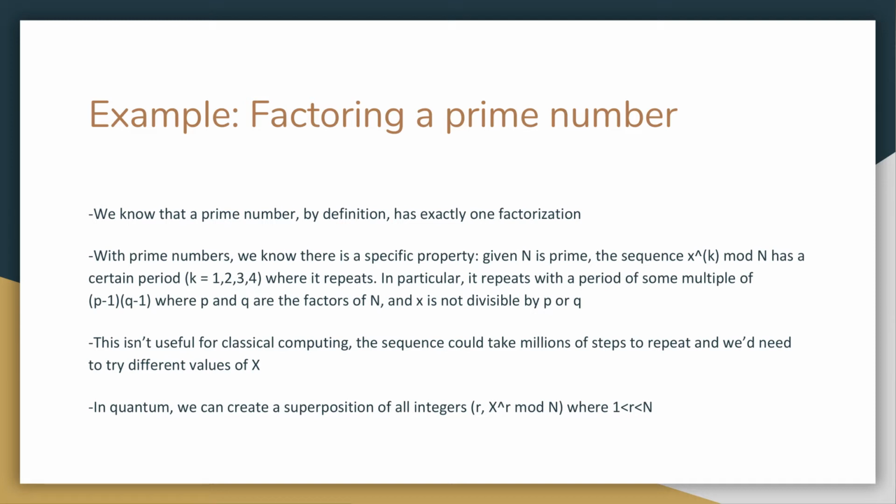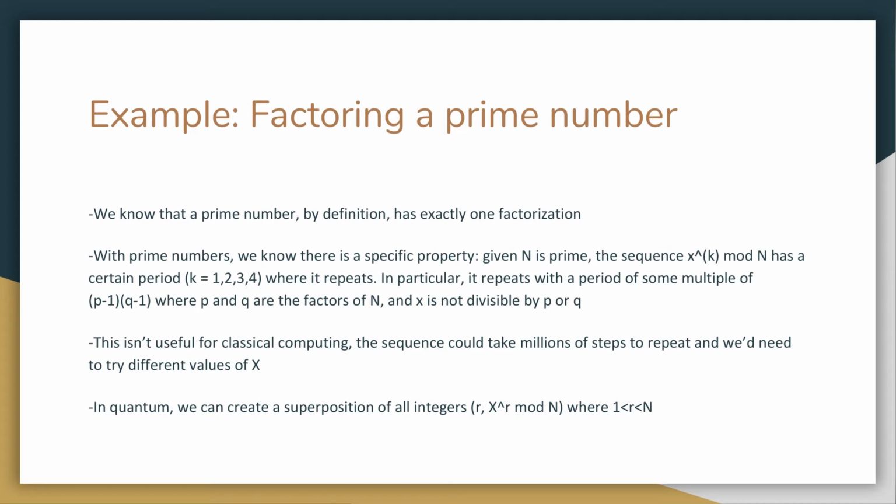So if you think of 2 to the k mod 15, it'd be 2, 4, 8, 16 over 15. And if you plot the remainders, modulo is the remainder, if you're plotting this operation, it repeats. And from this period, you can basically get the factors, since the period is related to the factors.